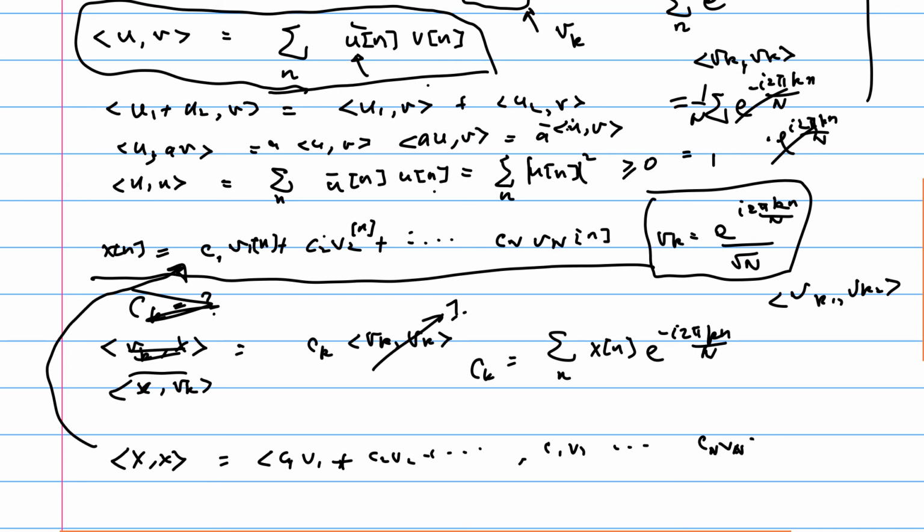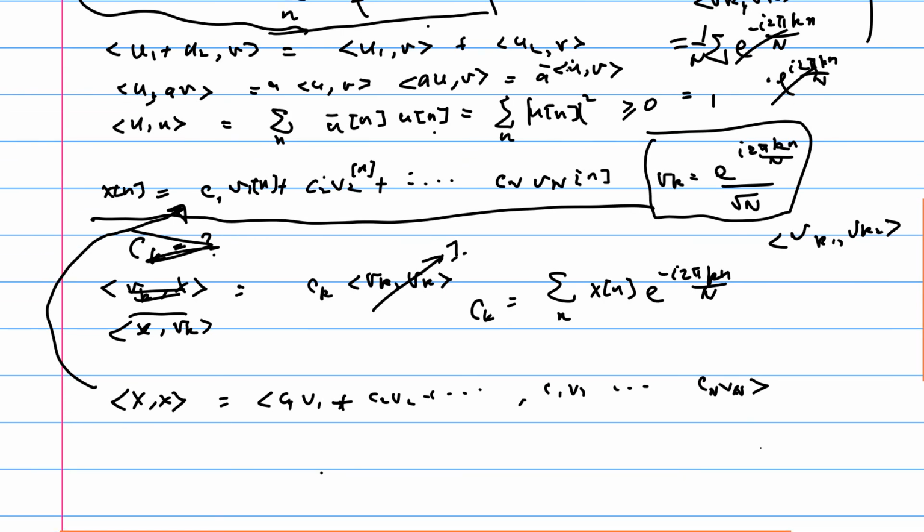And because only when Vi and Vj are the same will they be non-zero, it will just equal C1 square plus C2 square, and so on, up to Cn square.